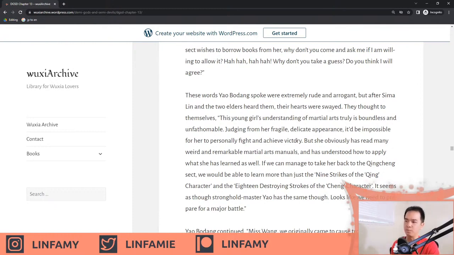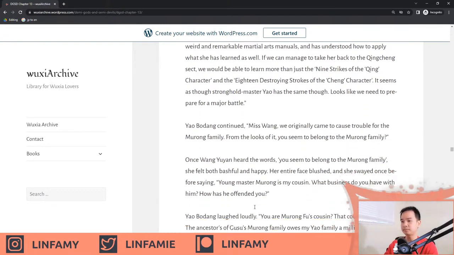If we can manage to take her back to the Qincheng sect, we would be able to learn more than just the 9 strikes of the Qing character and the 18 destroying strokes of the Cheng character. It seems as though Stronghold Master Yao has the same thought. Looks like we need to prepare for a major battle.